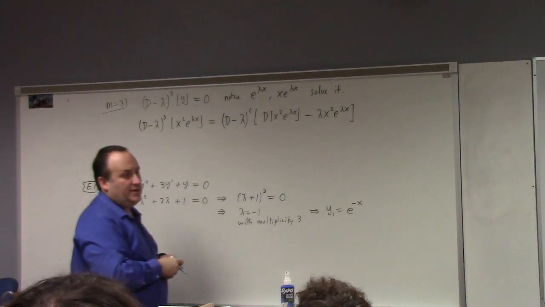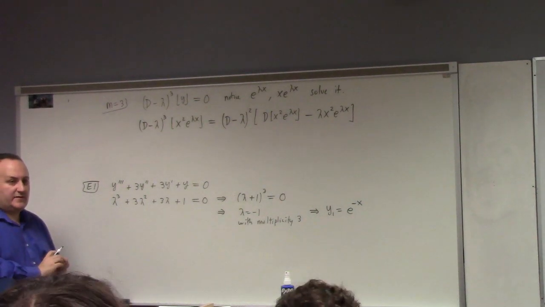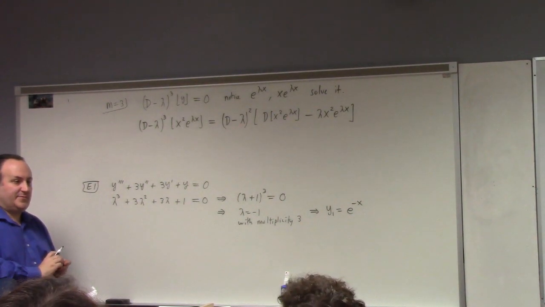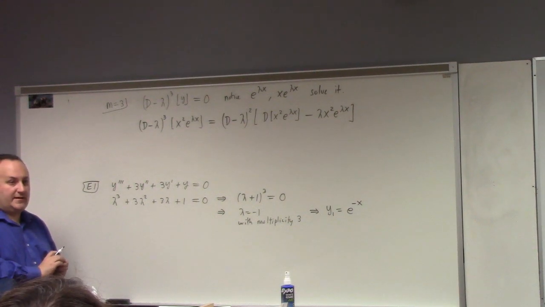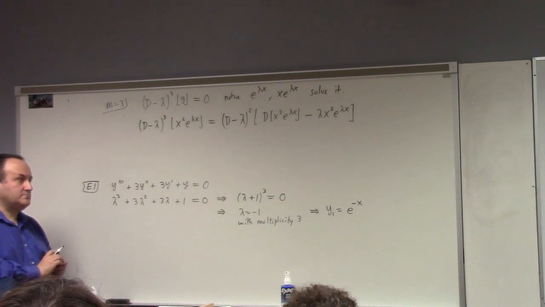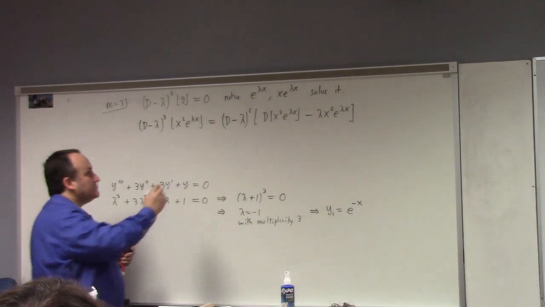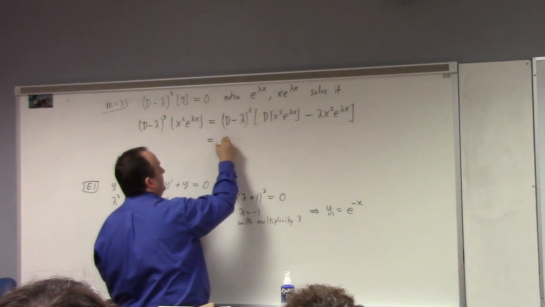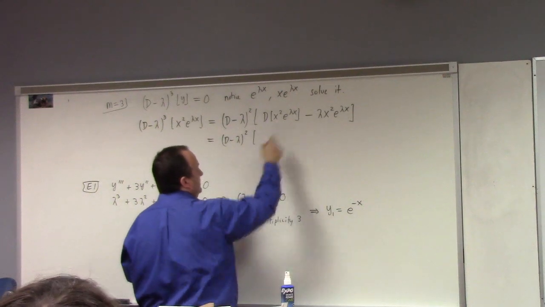I'm still working on the proof of the theorem that I wrote on the middle board, trying to show you why multiplication by x squared works. And I think if we do this right, you'll be convinced that it's going to continue happening for higher powers. What happens when we differentiate x squared e to the lambda x? We've got a what?